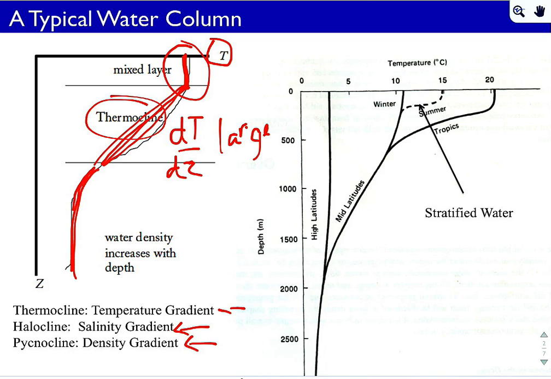So remember those terms. This shows water columns in a very broad sense across the world. In high latitudes, you have a very well mixed column, meaning that the properties vary very little within the water column.